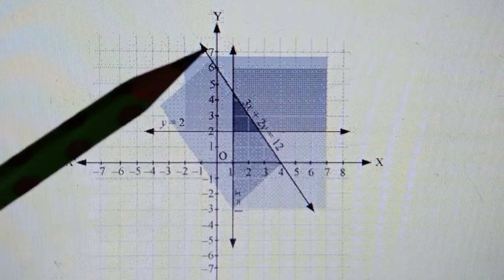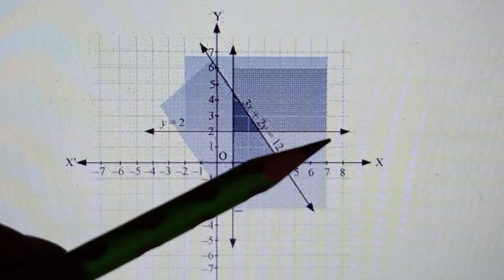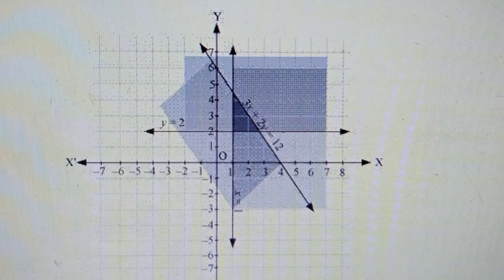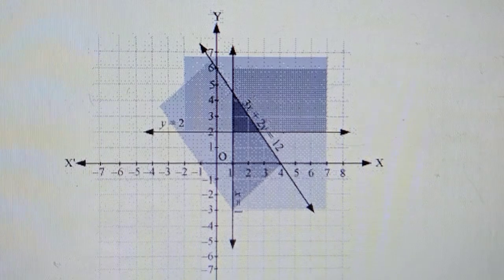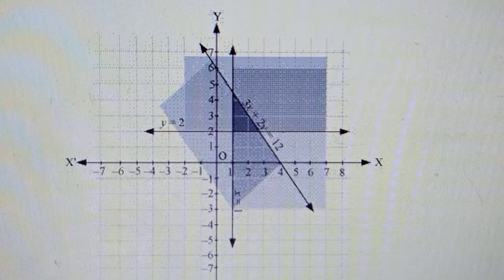Now once you plot all these three lines, after that we look for the regions. Check from your books: the first inequality had the sign smaller than, that is 3x plus 2y was smaller than or equal to 12.